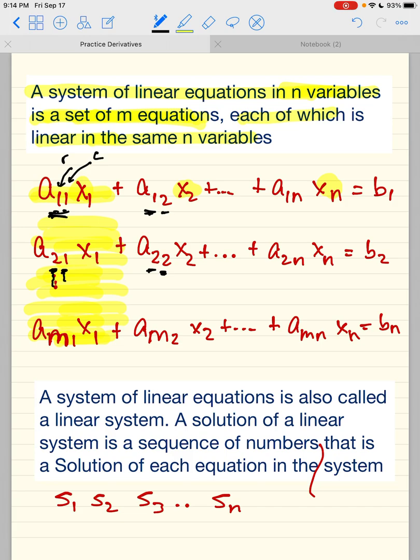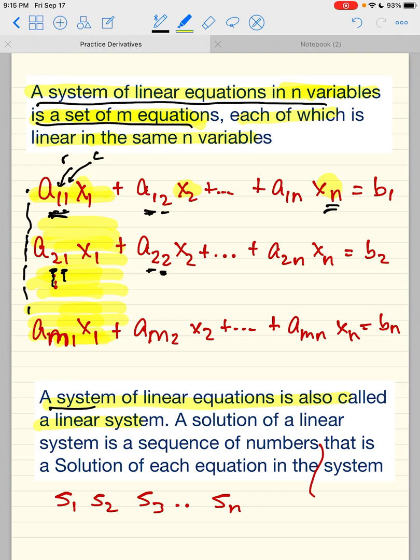Okay, so a system of linear equations in n variables is a set of m equations, each of which is linear in the same n variables. A system of linear equations is also called a linear system.